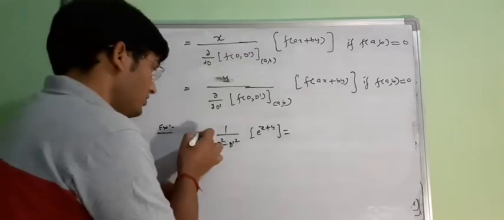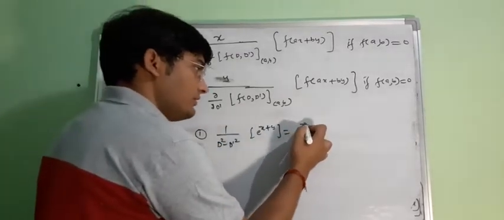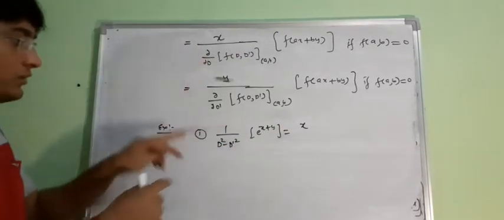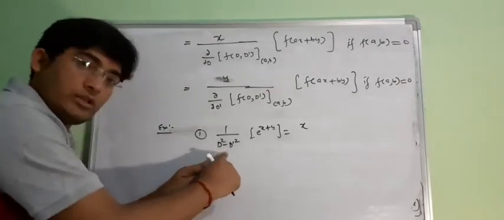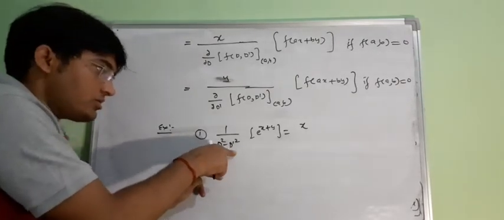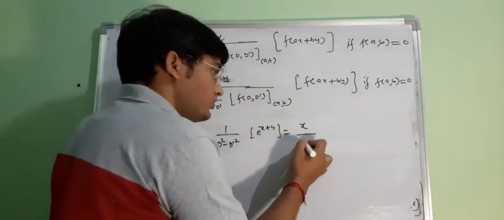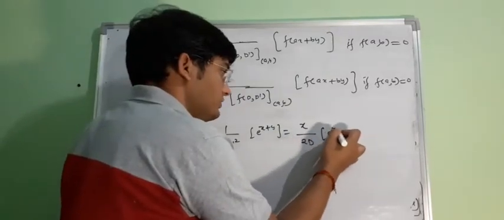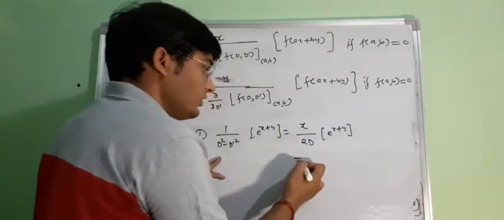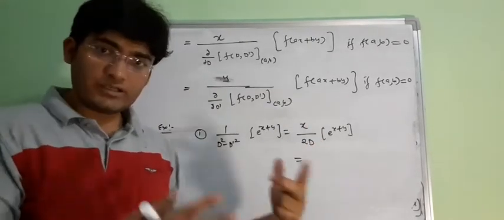Now as it is 0, we will write x in the numerator and we will differentiate the denominator with respect to D. Now the differentiation of this term with respect to D will be 2D, and in the bracket we will get e^(x + y). Now 1/D stands for the integration.